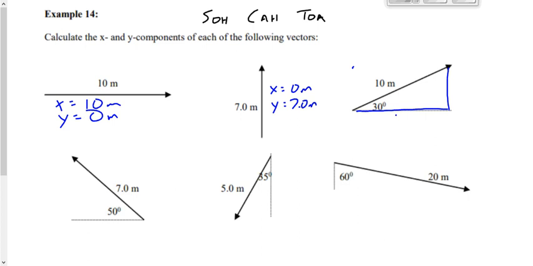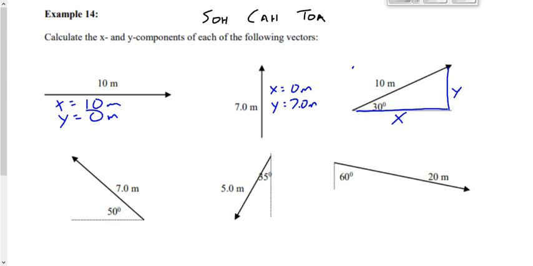Label this one x, this one y. 10 meters, what is that? Opposite, adjacent, or hypotenuse? Hypotenuse, yeah. I want to find the x side. What side of the triangle is the x side?